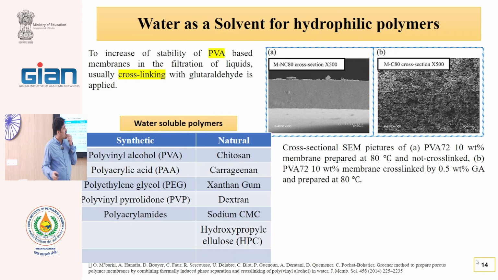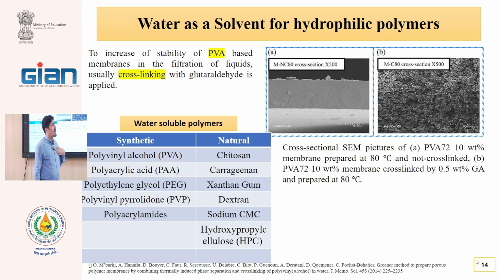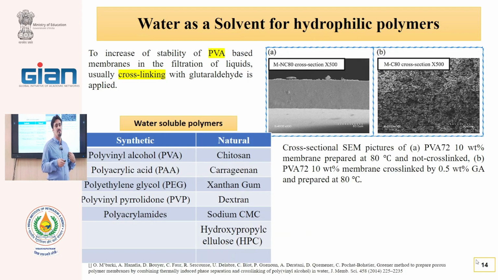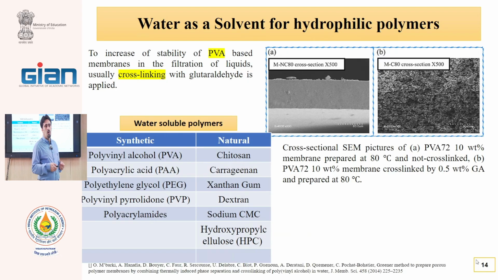As for green solvents, water is the best one. If we can prepare the membranes with water, it is better. But we know that water is very polar and can only dissolve very, very hydrophilic polymers.